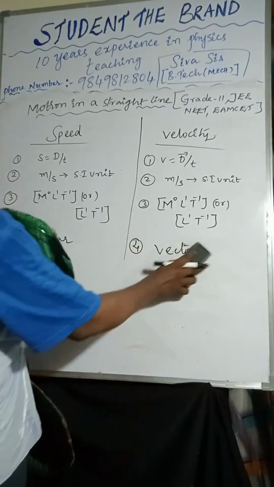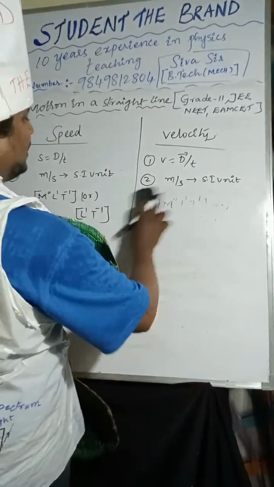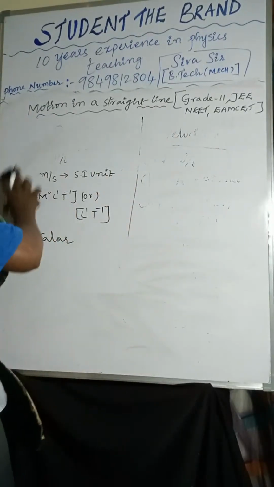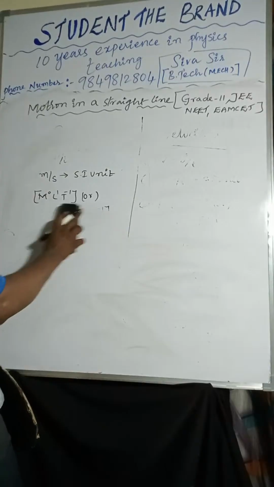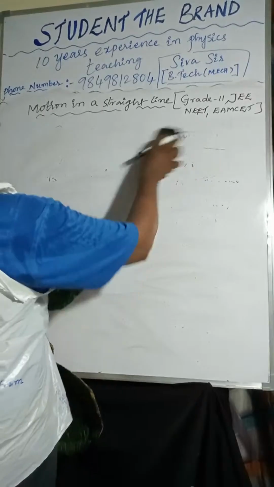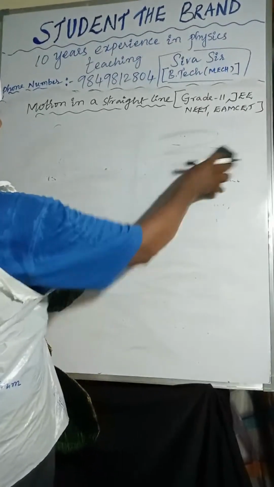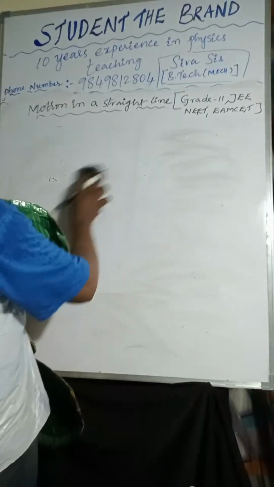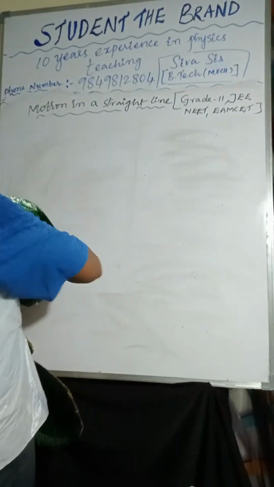Next, we'll go to one example. I will explain with one problem. With one example, we'll find out distance and displacement. After that we'll discuss speed and velocity.